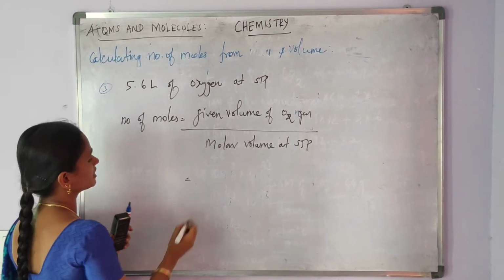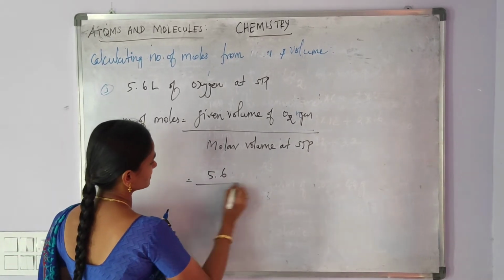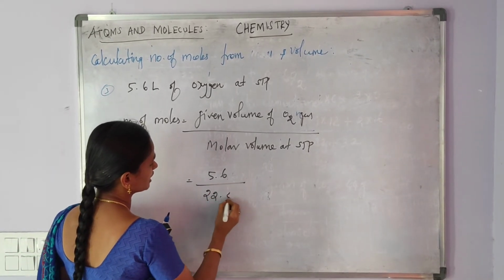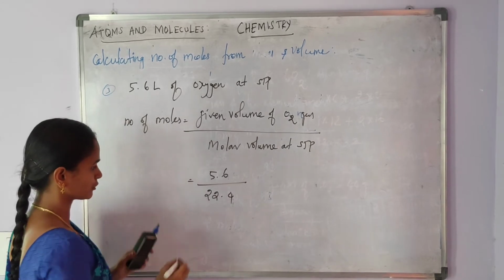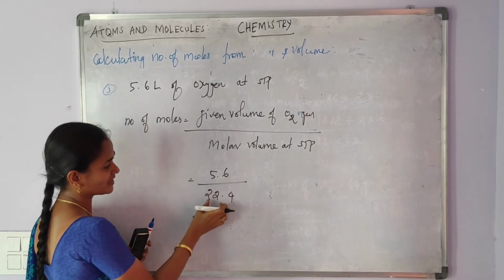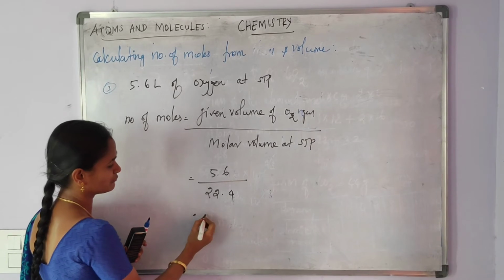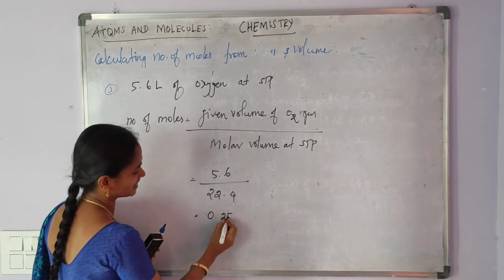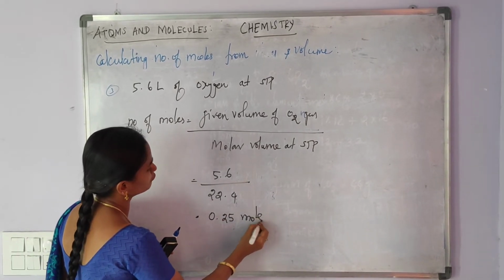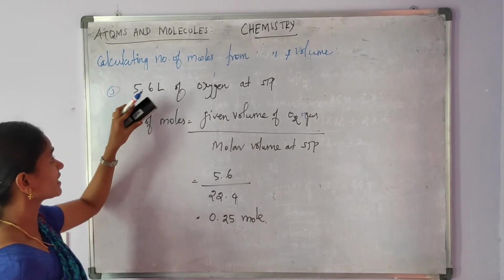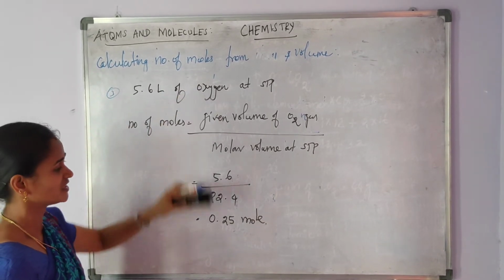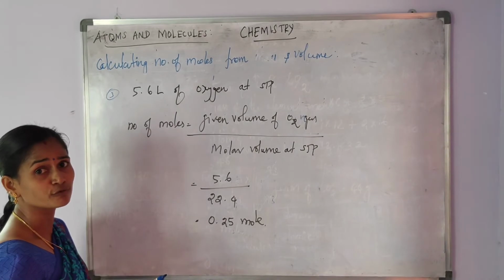The given volume is 5.6, divided by molar volume 22.4. By solving 5.6 divided by 22.4, we get the answer 0.25 moles. So 5.6 liter of the oxygen contains 0.25 moles.